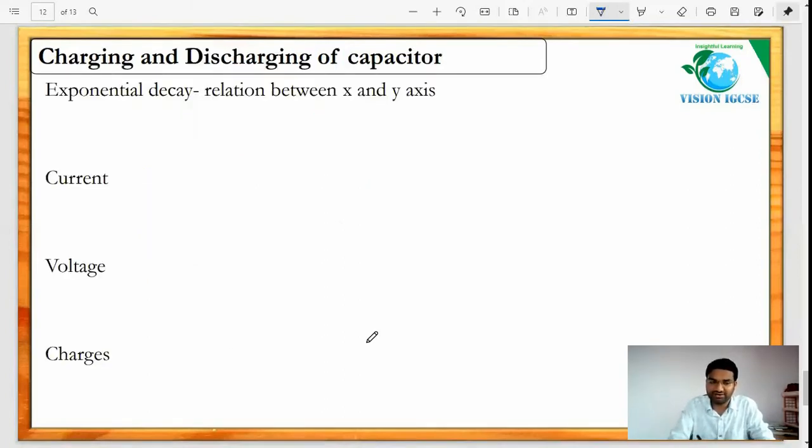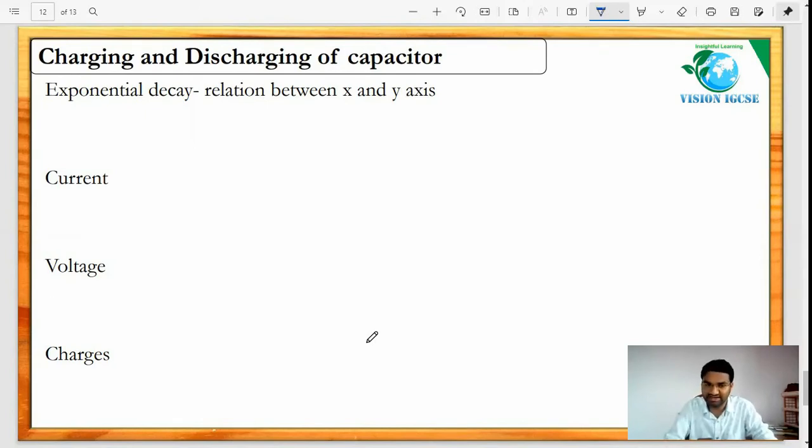Next, we have the charging and discharging of capacitors. Actually, capacitors are nothing but batteries, right? Of course, when we connect to the electricity circuit, which passes the charges, it will charge. And when we use it for some application or device, to run something, the capacitor discharges, right? All the charges pass through the application.